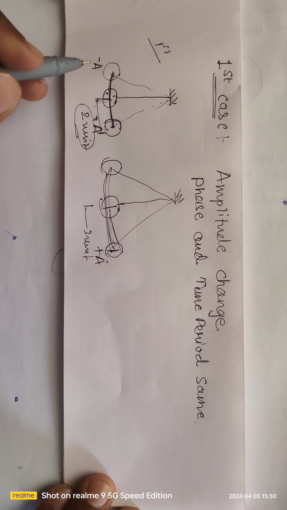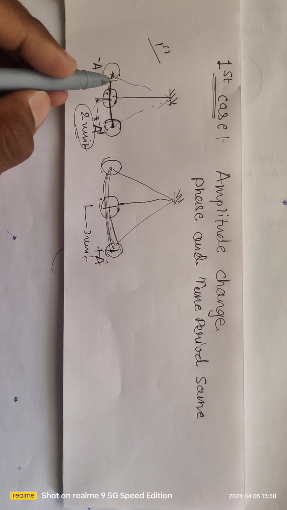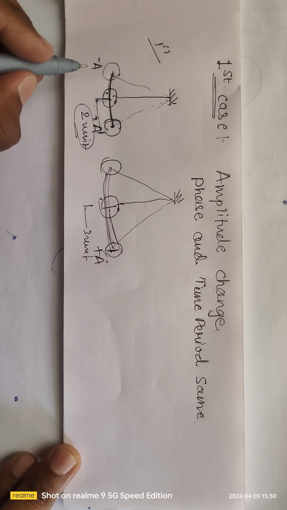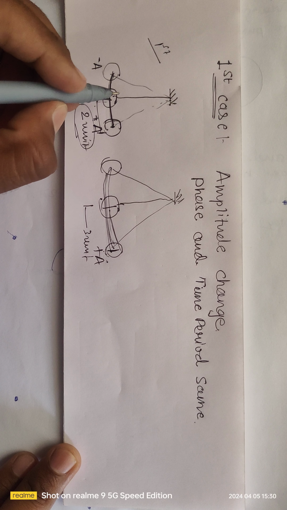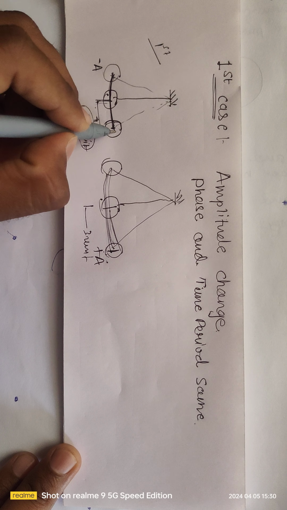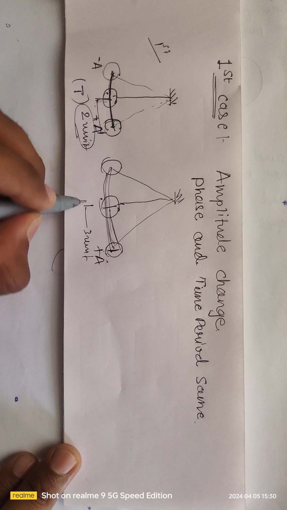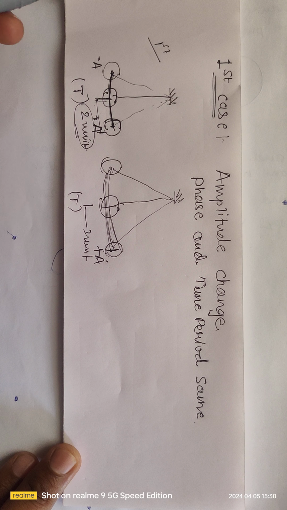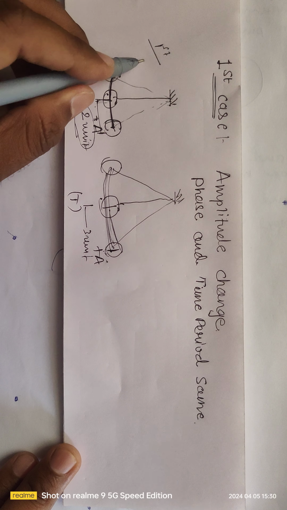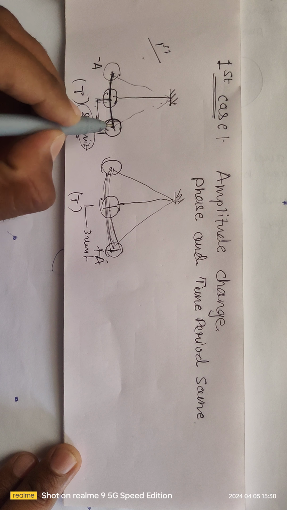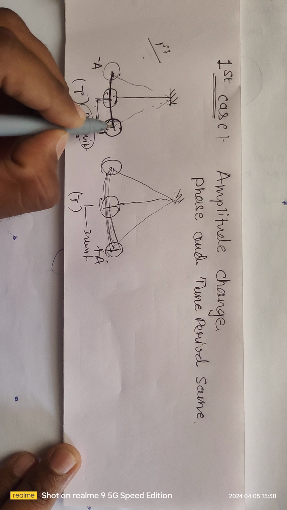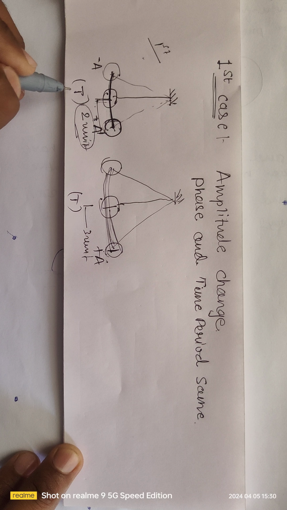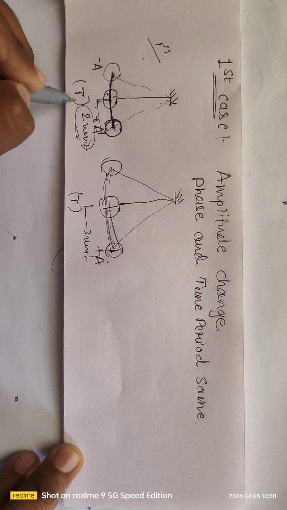Also, in both cases the time taken for one oscillation is the same, T. It means if in the first case one oscillation takes 4 seconds, then in the second pendulum also, one oscillation will take 4 seconds. So in both cases the time period is the same, T equals 4 seconds.